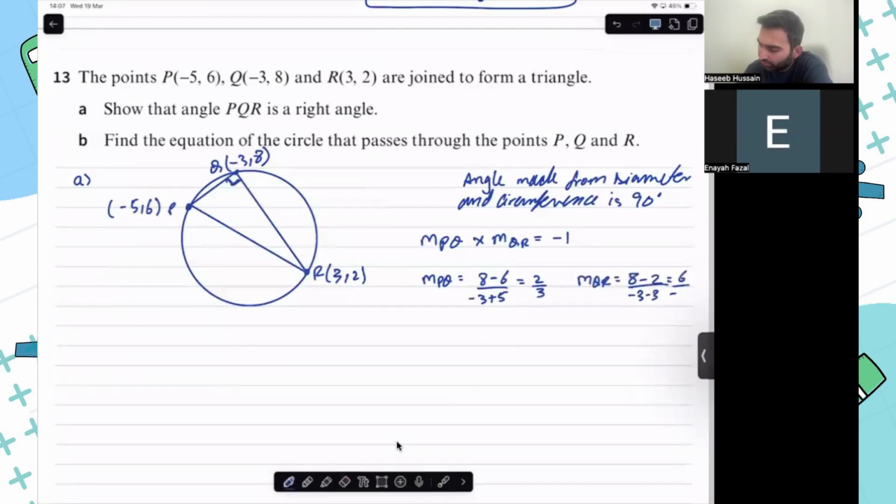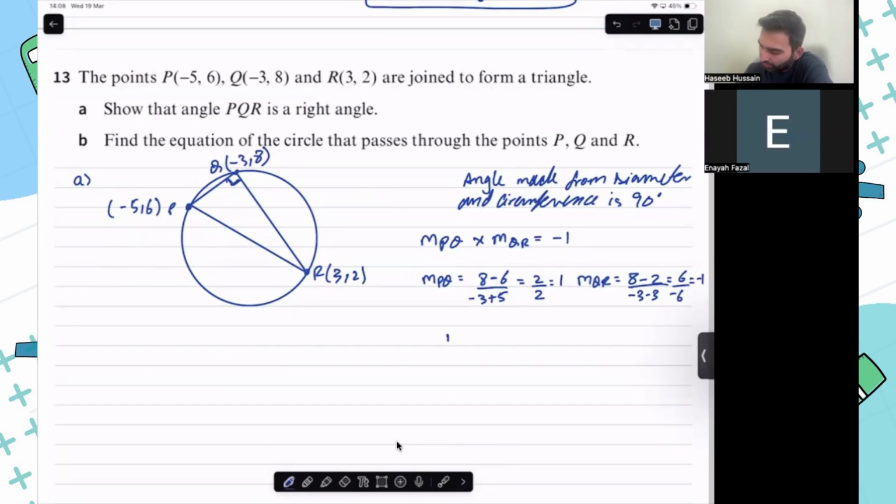8 minus 2 over -3 minus 3 is -6. With the points (-3, 8), (3, 2), (-5, 6) for PQR: 8 minus 6 over -3 plus 5 is 2, which gives 1, and it's -1.